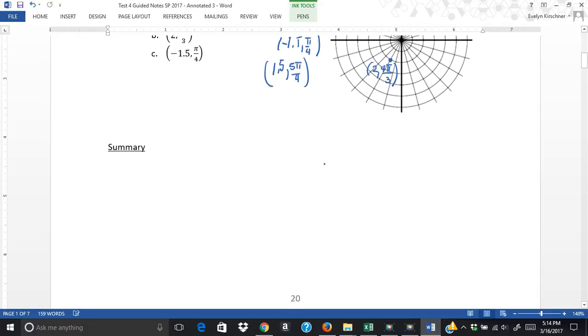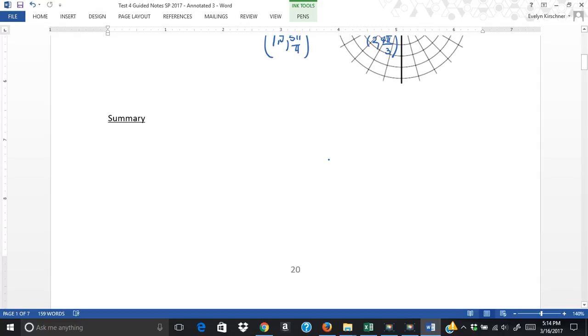So I want to summarize about plotting them. I have a point with polar coordinates r, theta. And we write it like this, r, theta, just like that. That's a point. Theta is in radians.